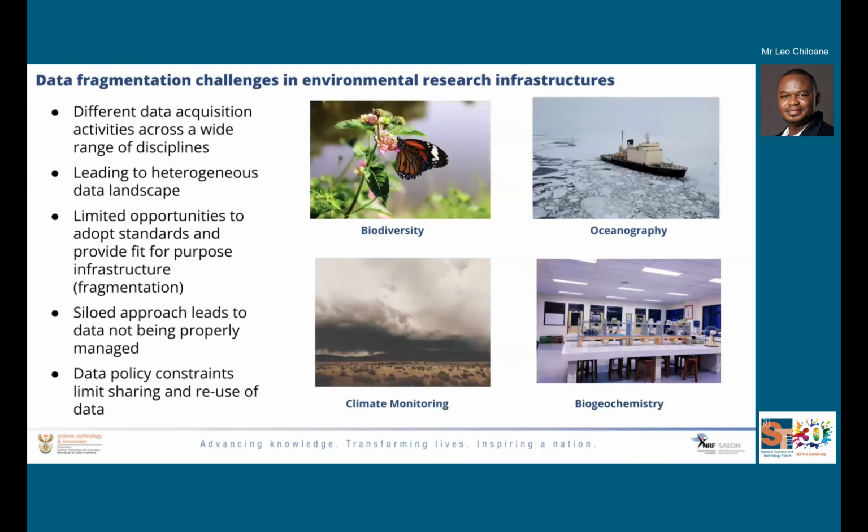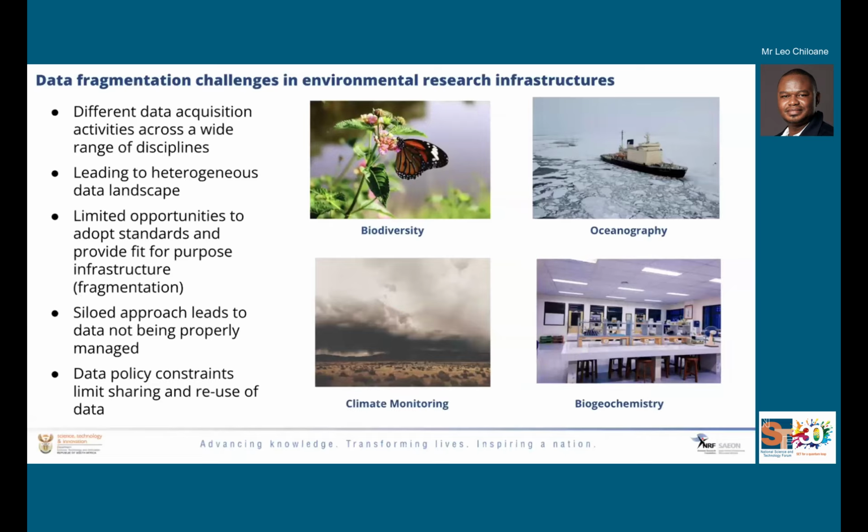So what do the fragmentation challenges look like in environmental research infrastructures? So you've got different data acquisition activities across a wide range of disciplines, leading to heterogeneous data, as mentioned. This actually limits the opportunities to adopt standards and provide fit for purpose infrastructure due to the level of fragmentation.